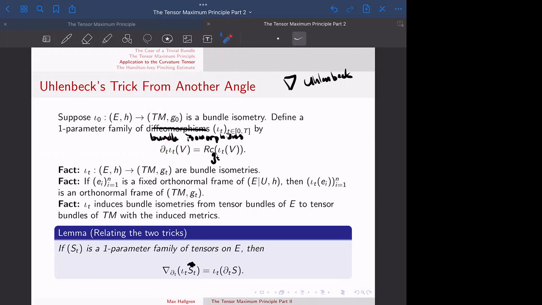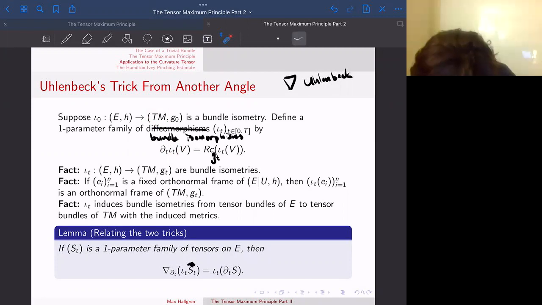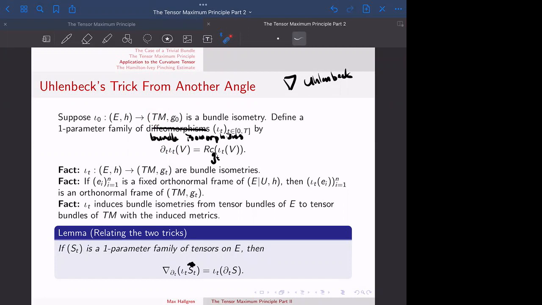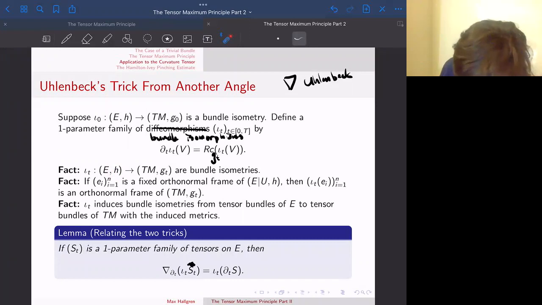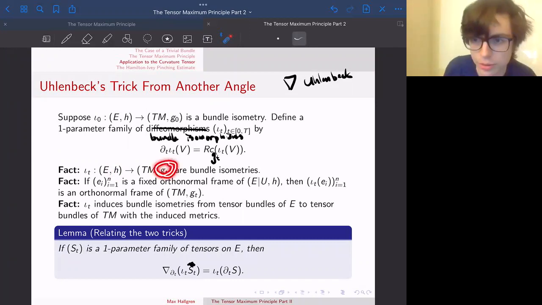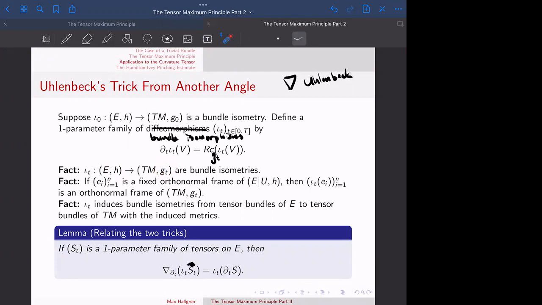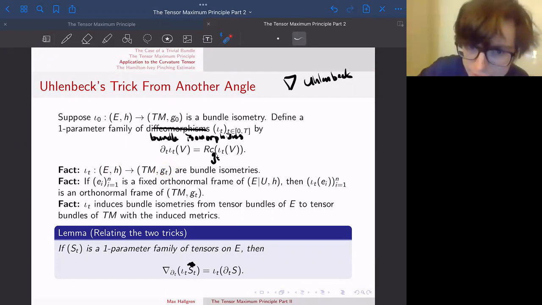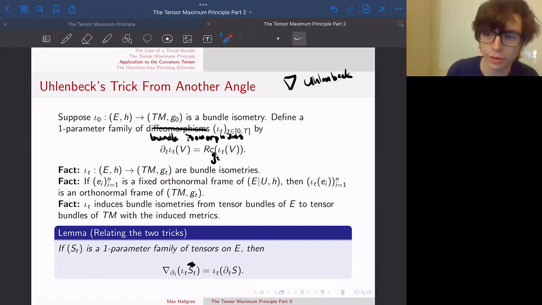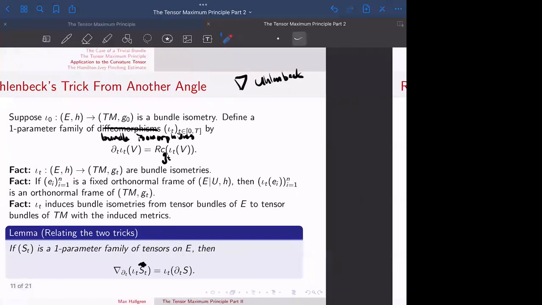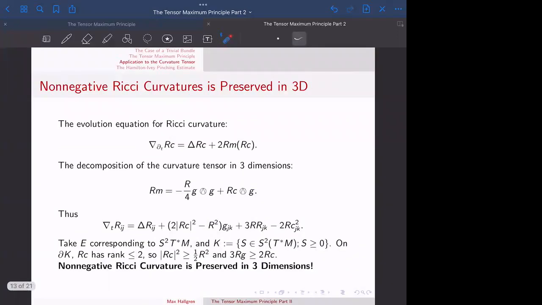Okay, but the only thing changing is really the metric, right? So in a sense, yes. So the bundle metric isn't changing, but oh, you're saying over here, yeah. So you're moving the frame to keep it orthonormal, essentially. Yeah, right, exactly. So this is really the same as solving that ODE for orthonormal frames. Right. Okay. Right. Thanks. Sure.